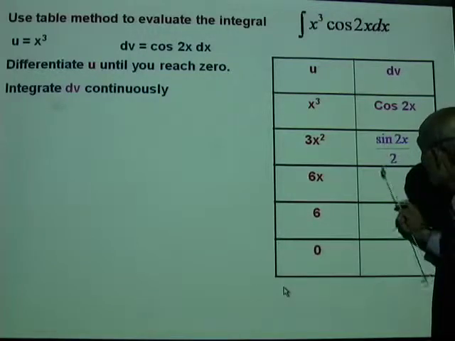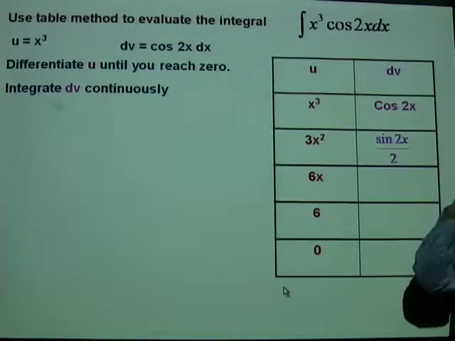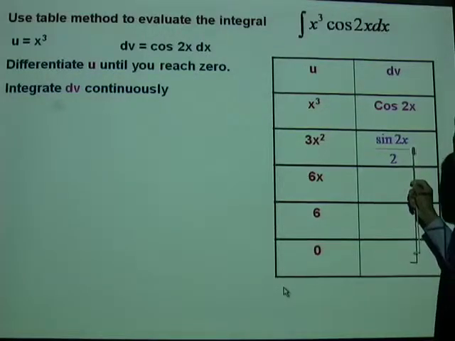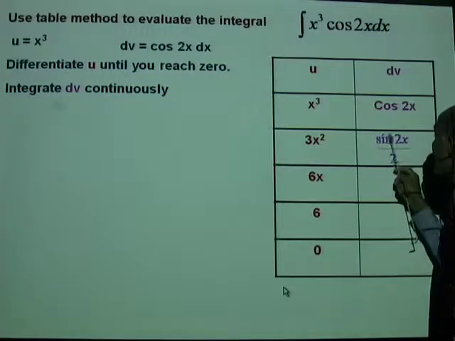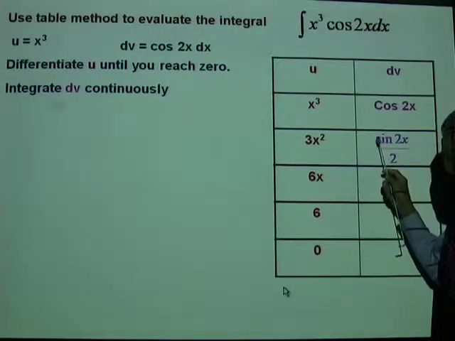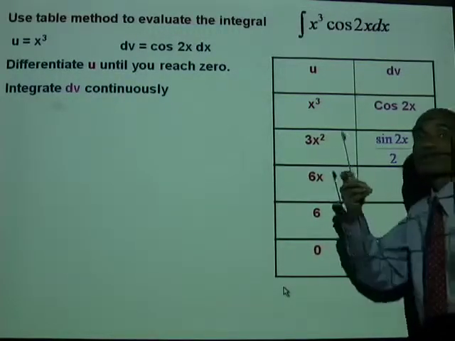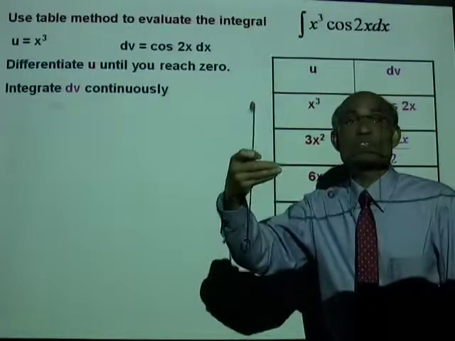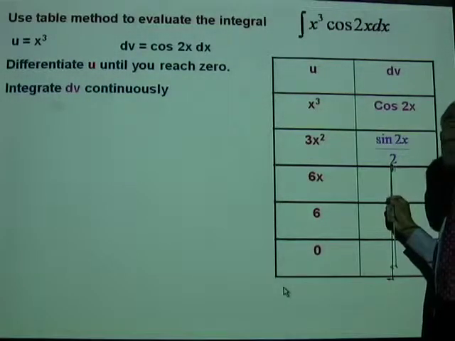Alright, integrate that again. What do you get if you integrate sine 2x divided by 2? There's of course a dx there, don't ignore that. Integral sine 2x over 2 dx will give you negative cos 2x over 2, and that 2 will combine with this 2 to give you a 4.